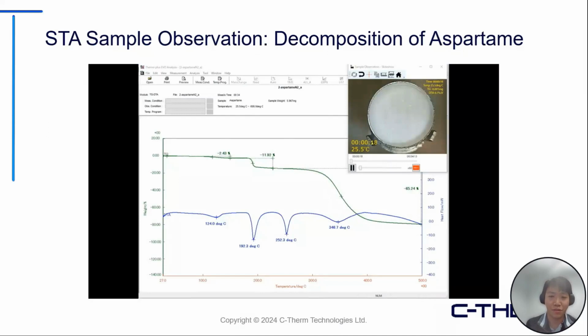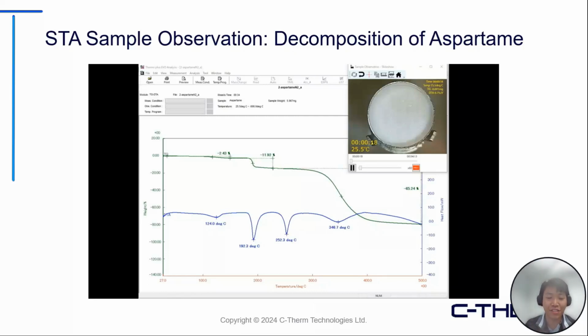The first example here is the decomposition of aspartame. And before we watch this video, I'd like to analyze the plot here without the sample observation capability. So we can see that some decomposition has occurred by the decrease in mass from the TG curve, but there are lots of thermal events going on here.